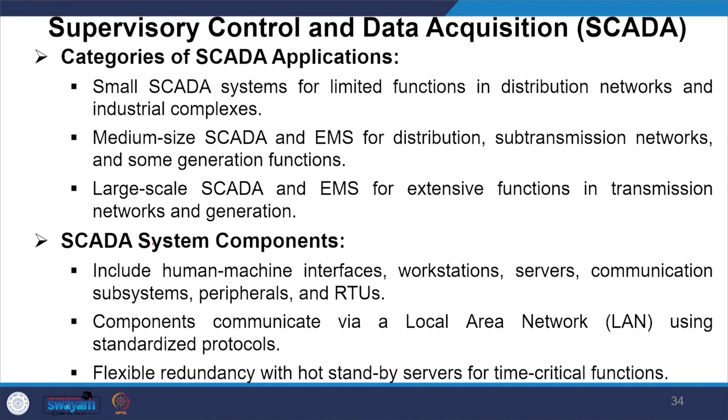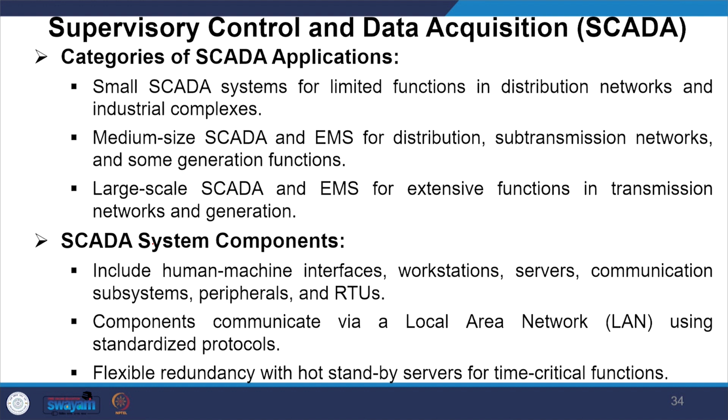Small SCADA systems for limited functions in distribution networks and industrial complexes. Medium-sized SCADA and EMS for distribution, sub-transmission networks and some generation functions. And finally, large-scale SCADA and EMS for extensive functions in transmission networks and generation.